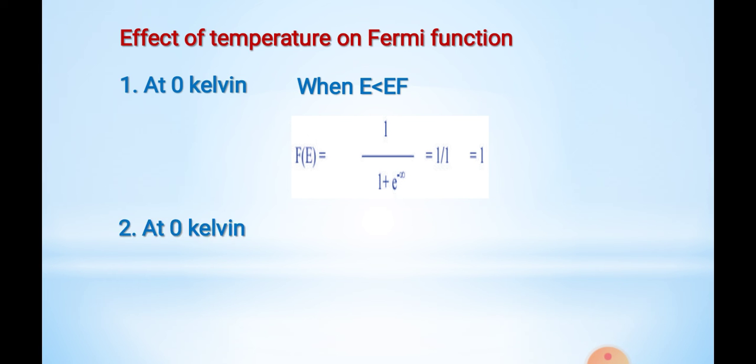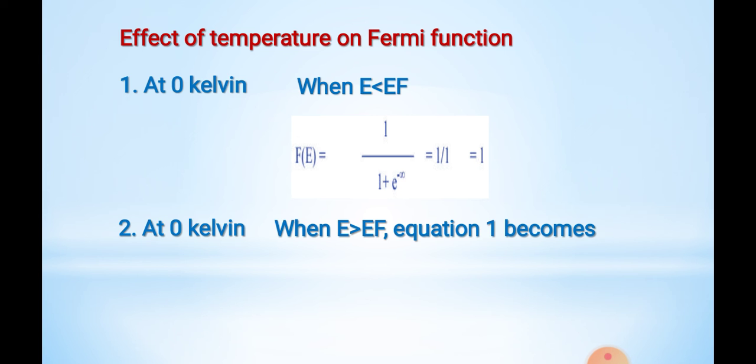Then the second condition: at T is equal to 0 Kelvin, when E is greater than Ef, that means above the Fermi level, where Ef is the reference level. Above the Fermi level we also have different energy levels, and we find the probability by substituting all the values in the Fermi function. So f of E is equal to 1 by 1 plus e power (E minus Ef).